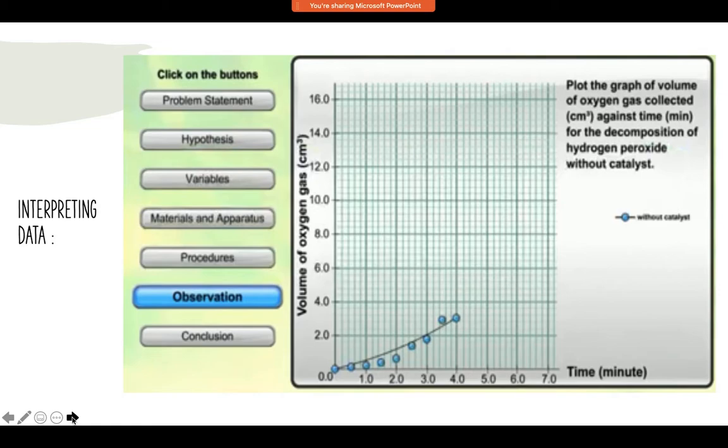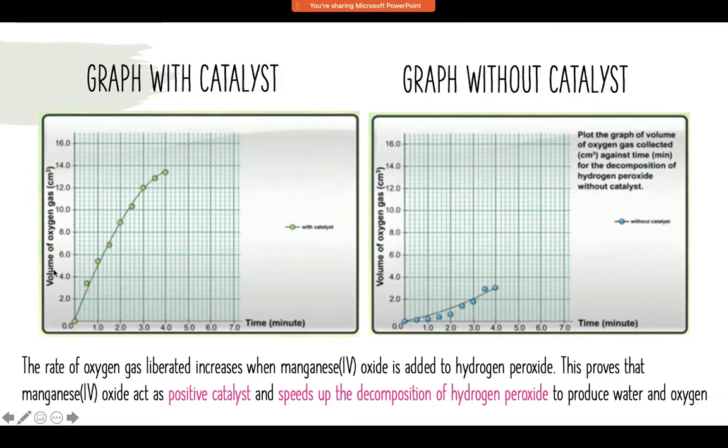So we are going to compare the graph of volume of oxygen gas produced against time. So both kita gunakan time adalah until 4.0. Yang ni graph with catalyst, while this one is graph without catalyst.